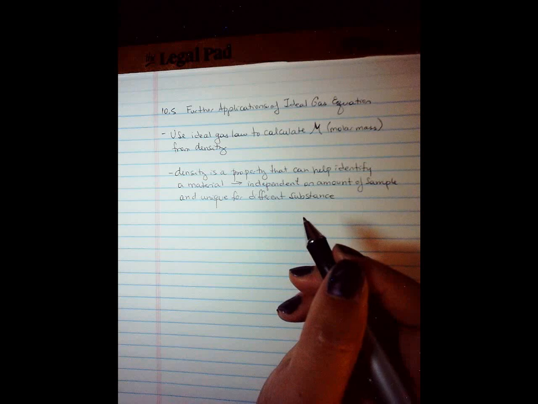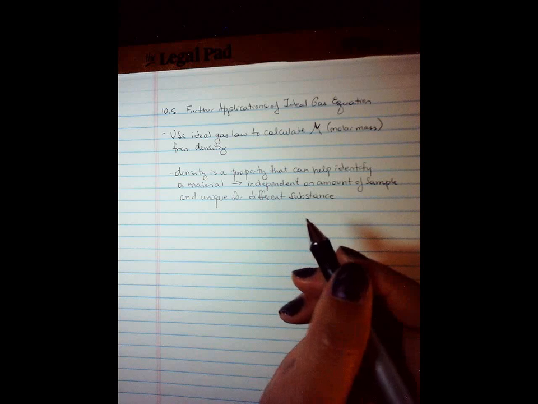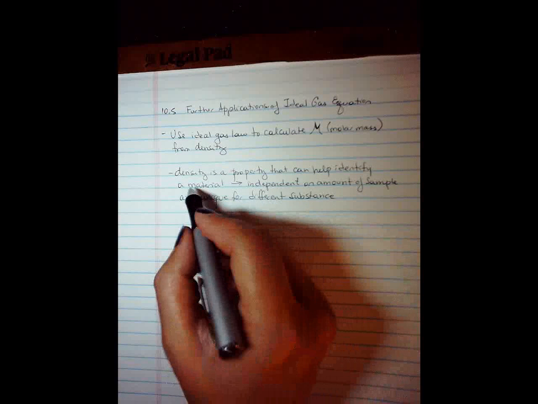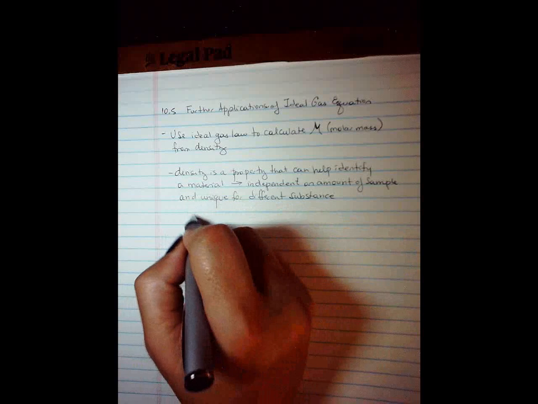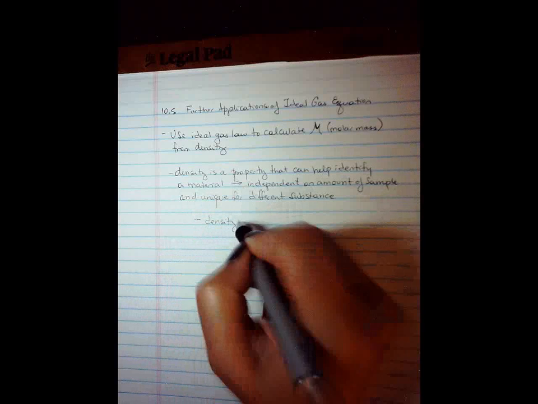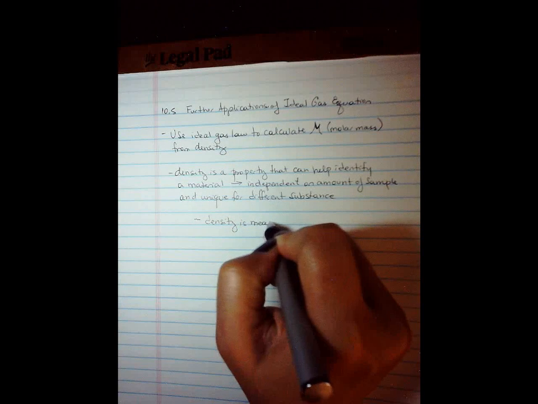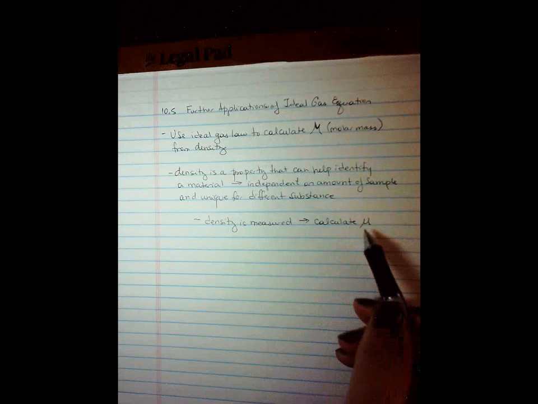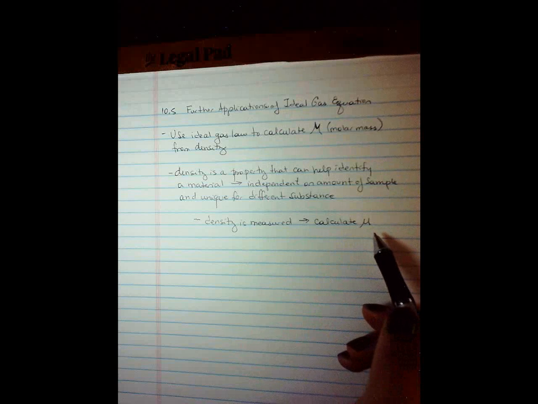Now, we can use density to figure out the identity of a gas too. Okay, and so we would use it this way. We'd use density that we measure in the lab. It's something we can measure. We would take that information and calculate the molar mass of whatever substance we were given, and based on that molar mass, we could start to identify what that substance is, what that gas is.